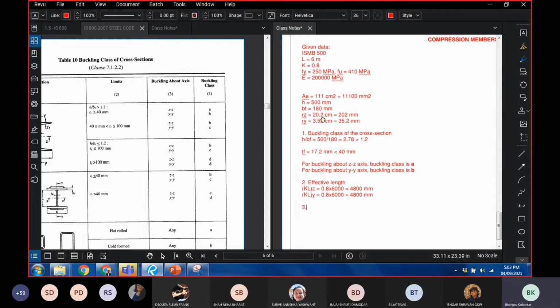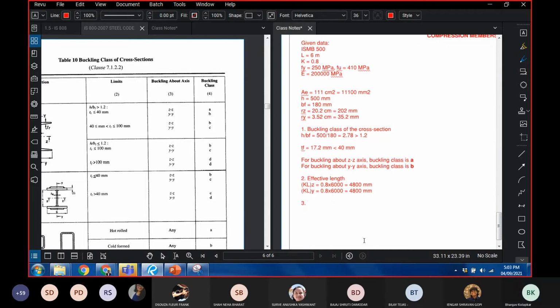Step number 3, find out the slenderness ratio, because the graph uses the slenderness ratio and the buckling curve to find out what is FCD. Therefore, the third step is to find out the slenderness ratio. Again, we'll have two slenderness ratios.